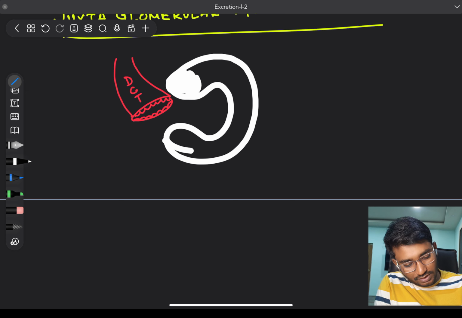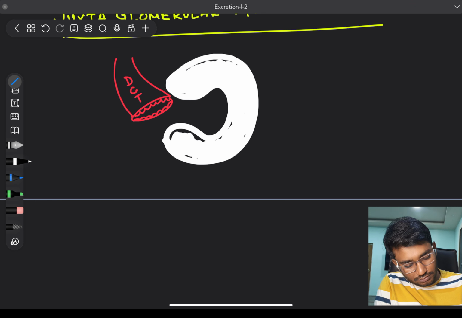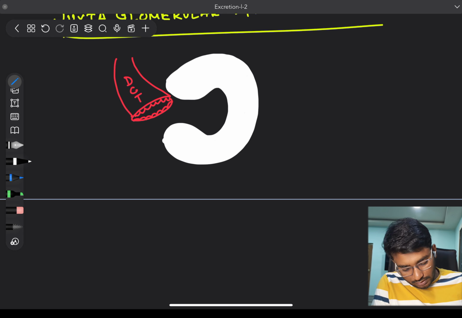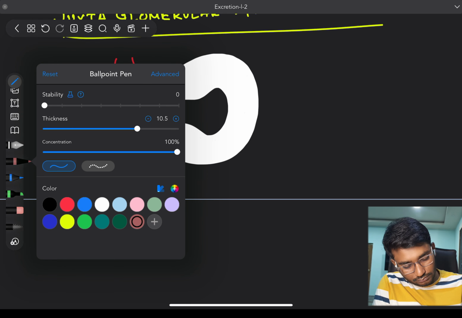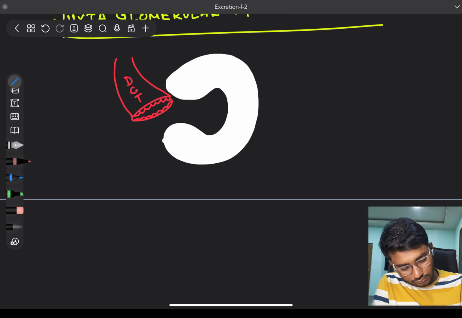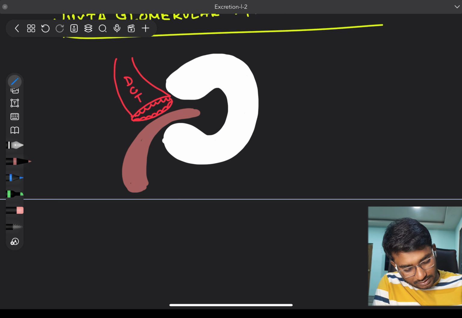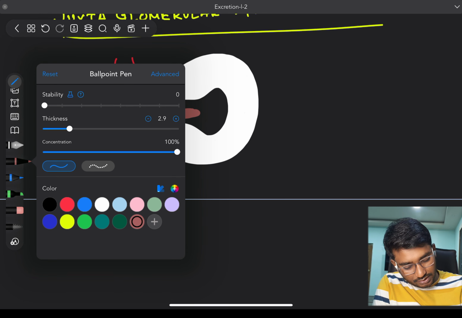In this chapter there is too much drawing. Now there is a capillary network inside.